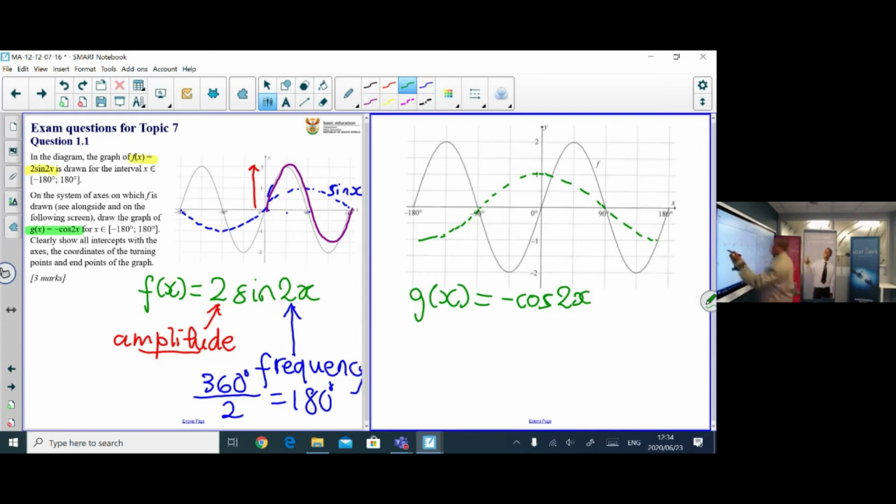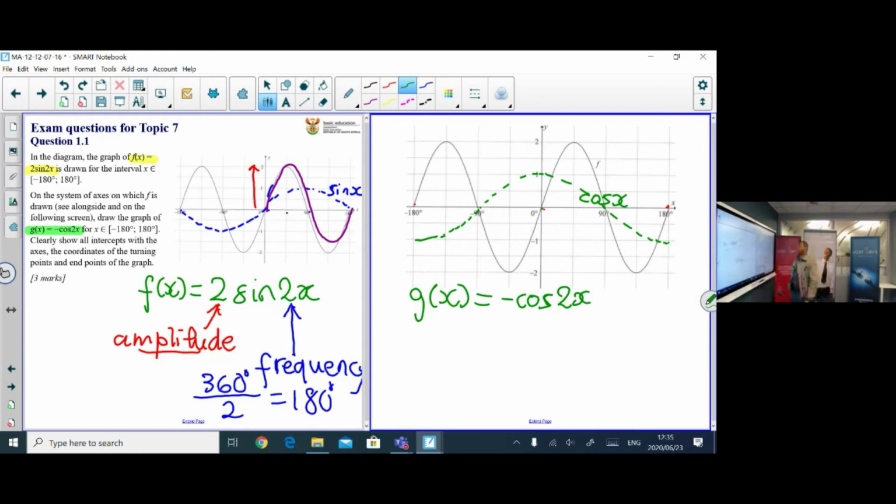And our maximums would be at 0, at 180, and also at minus 180. So this would be your graph of cos x. But in this case, we have a minus cos x.